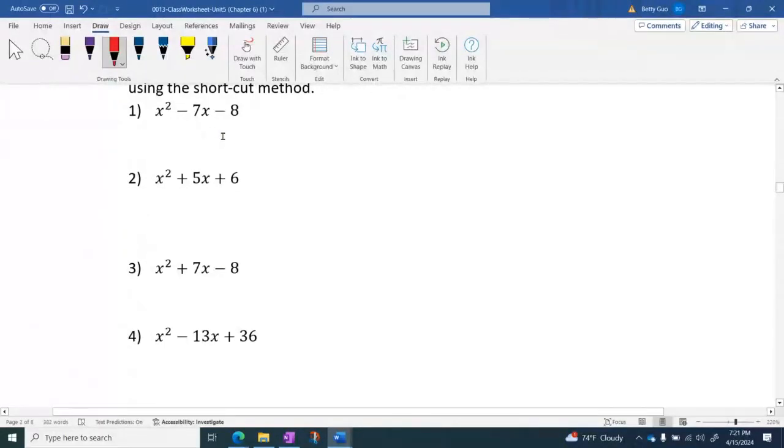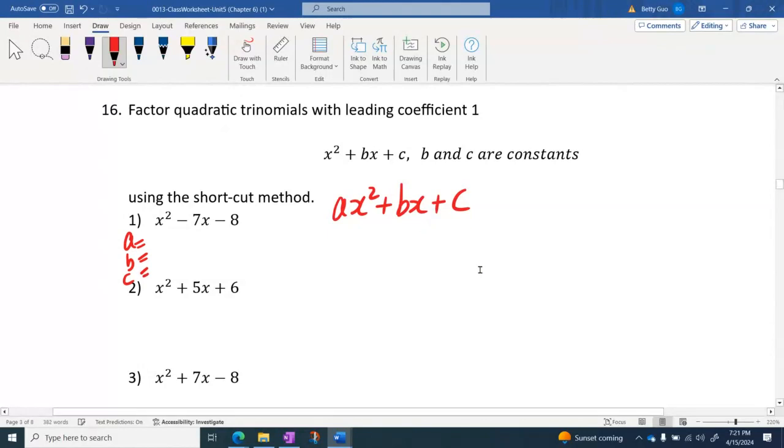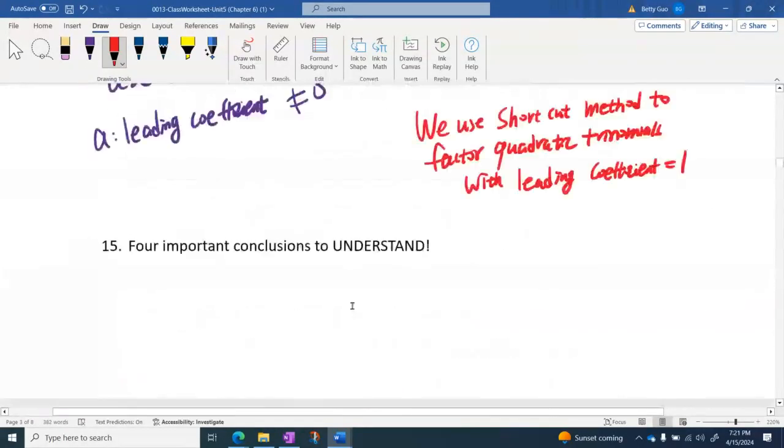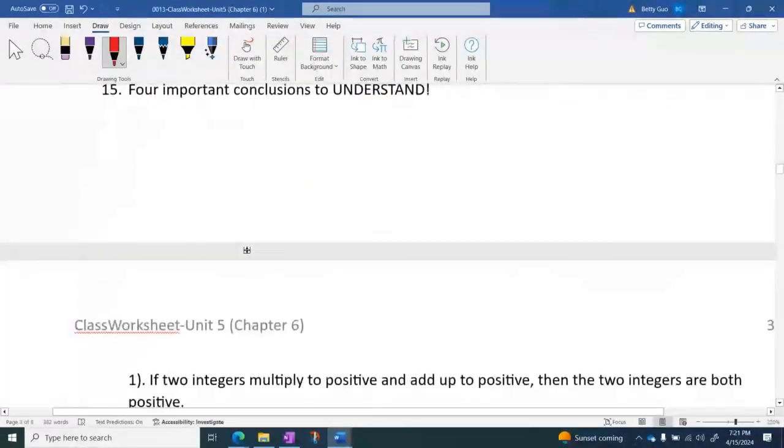Number 1, x squared minus 7x minus 8. Here I want you to help me determine, are they quadratic trinomials? If they are, what is A, what is B, what is C? That's the practice, okay? I just gave you the definition of a quadratic trinomial, and let's practice.